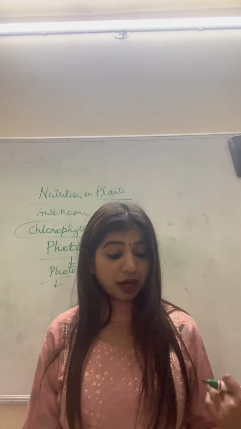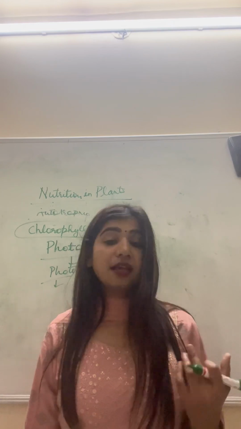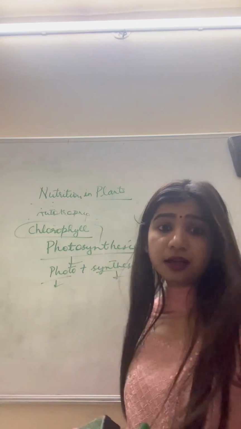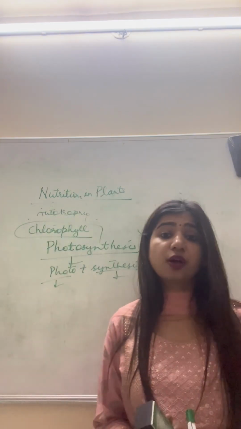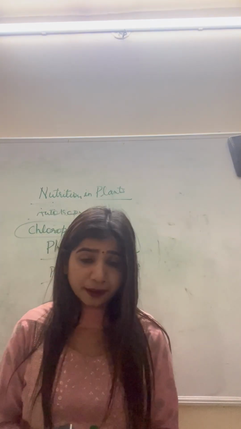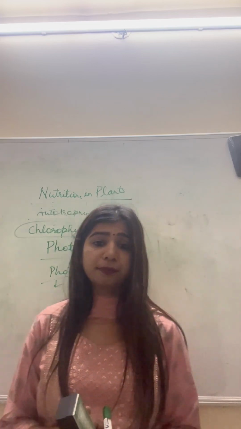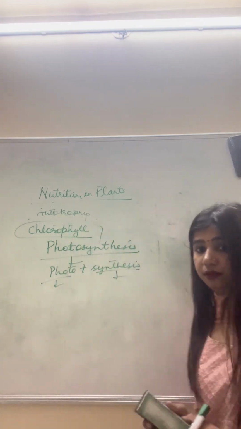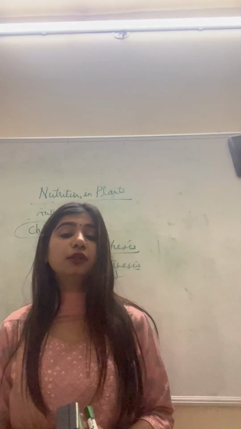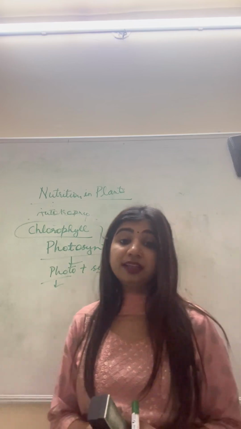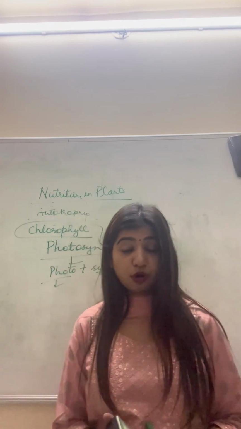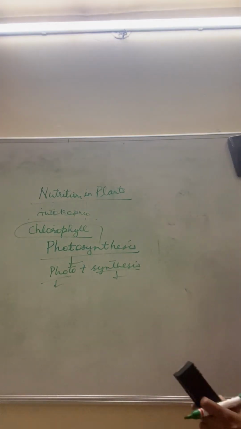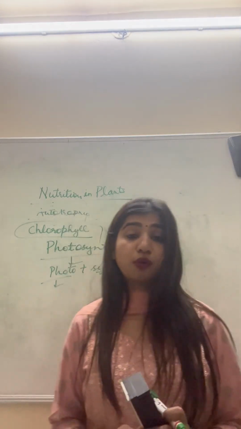Apart from green plants, green algae are also able to do photosynthesis because they also contain chlorophyll pigment. They are also called producers or autotrophs. So this is what the autotrophic mode of nutrition was all about.